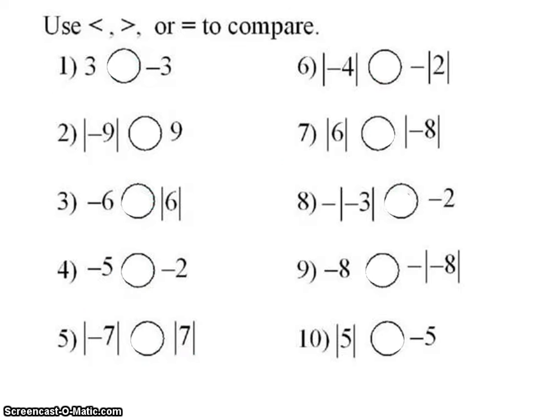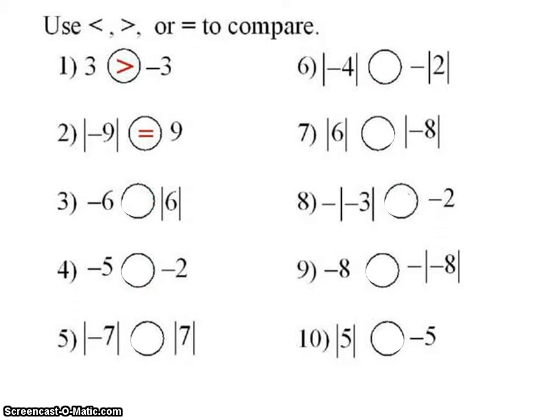Okay, now absolute value does play with things. Remember, when we pull it out of the bracket, it becomes positive. So on number 2, we've got to be careful. Okay, number 1, 3 is to the right, so it's larger. Number 2, -9 to the absolute value would be +9, so these would be equal.